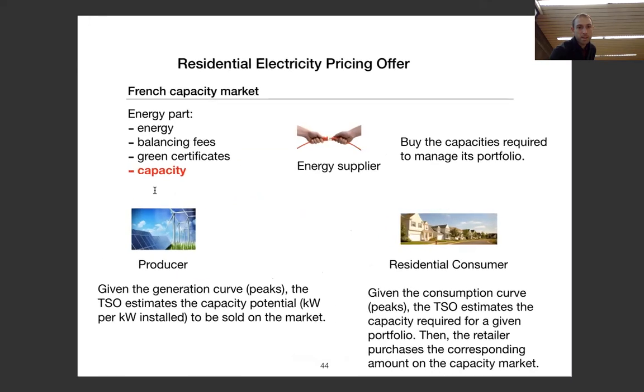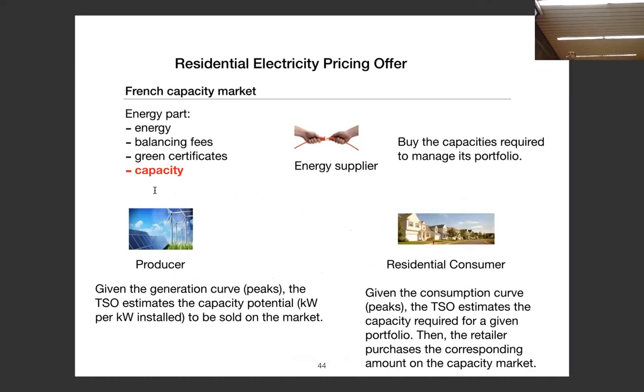The idea is, if you are a producer, imagine you manage a gas plant. The TSO will tell you, okay, your gas plant is quite good because I know that you can start your production very quickly. So if I need you, I can call you and I know that you can start production, so you can help me.